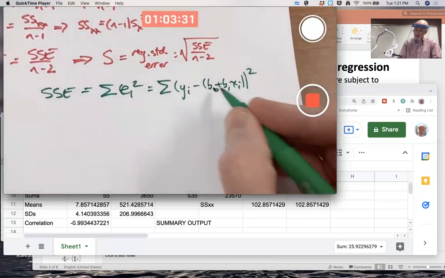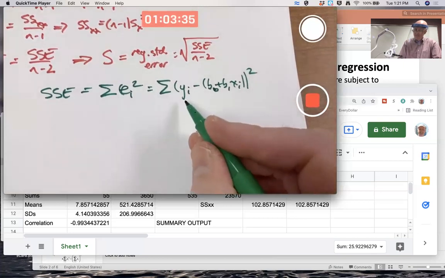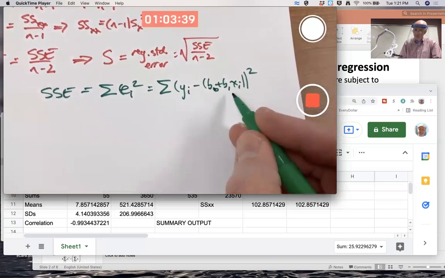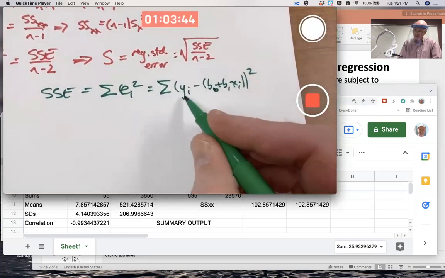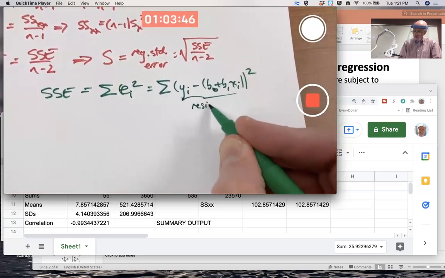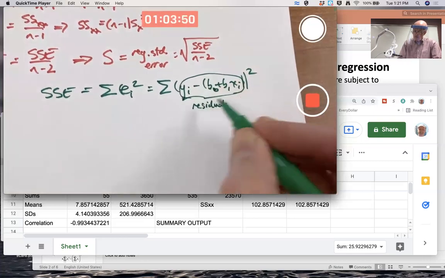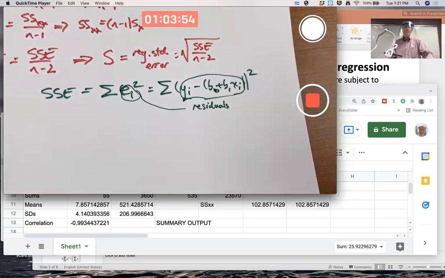Let me leave it like that. I need, for the data values, the y_i's and the x_i's. I also need the sample slope and intercept that we already found to compute the summation. These things are called residuals that I'm squaring. Same as the e_i's. Has nothing to do with the number e.